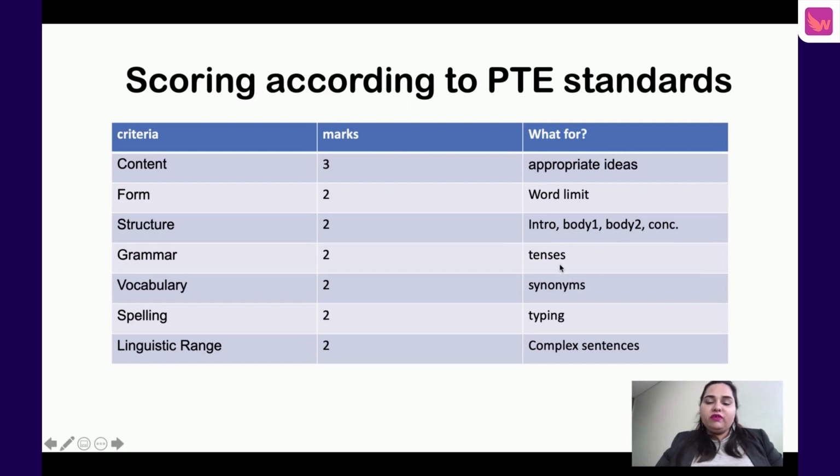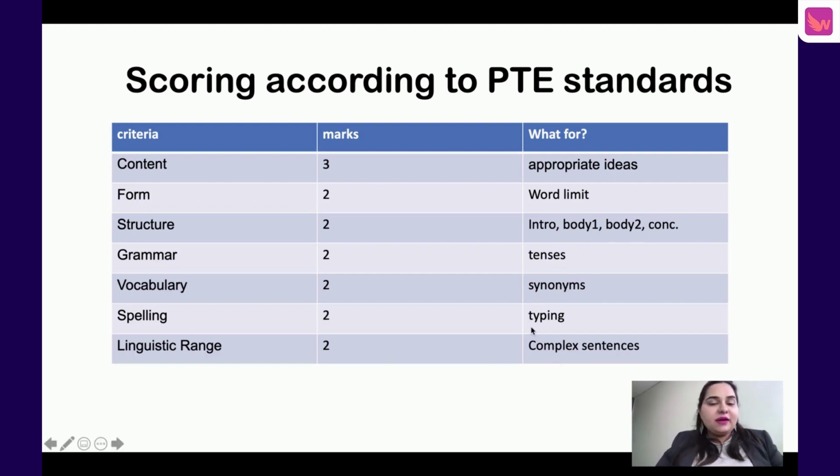Grammar should be right. Whenever you are writing ideas and points, excluding the template, you have to make sure that all the tenses are correctly written and all the punctuations are well placed. For vocabulary, you should try to use synonyms. Do not try to repeat a lot of words in your answer, like the same words again and again. Specifically, there is a very common word, that is people, that is repeated a lot of times. You can always say individuals, you can say community, you can say society for people. This way you can increase your bands.